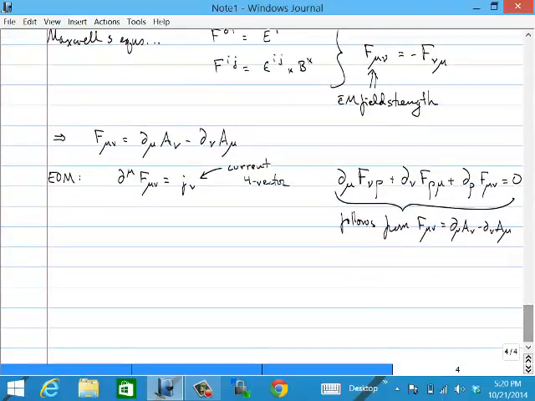One way of seeing this is to note that this equation can also be written as follows. So you have this 4-index epsilon tensor, which is equal to either 0, 1, or -1.